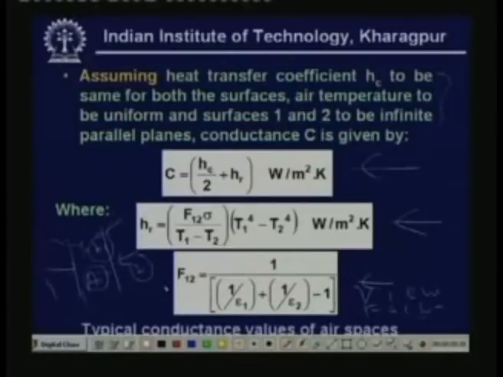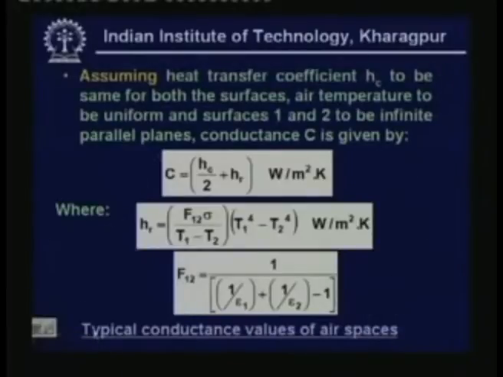The view factor is a function of the emissivity of surface 1, epsilon 1, and the emissivity of surface 2, epsilon 2. If you know the emissivities, you can calculate the view factor, and if you know the surface temperatures T1 and T2, you can calculate the radiative heat transfer coefficient. If you can calculate the convective heat transfer coefficient, you can find the conductance of the air space.